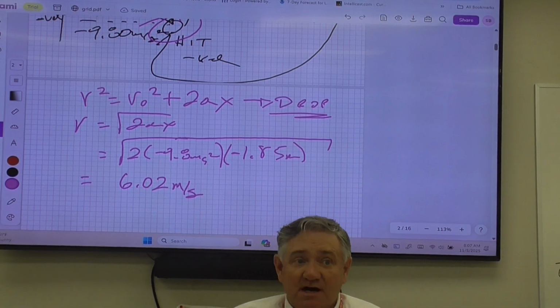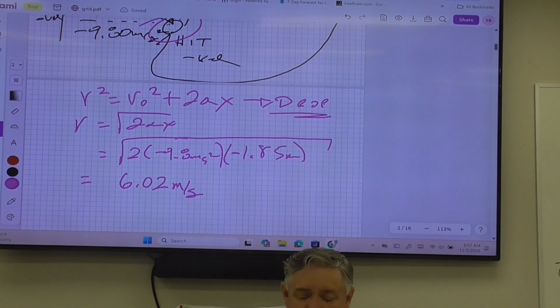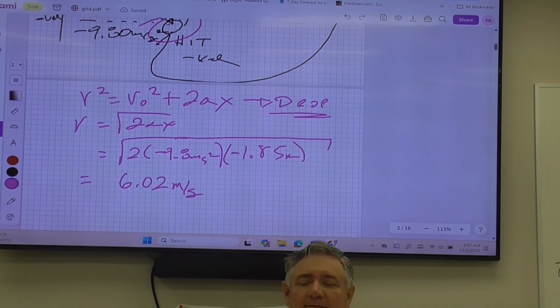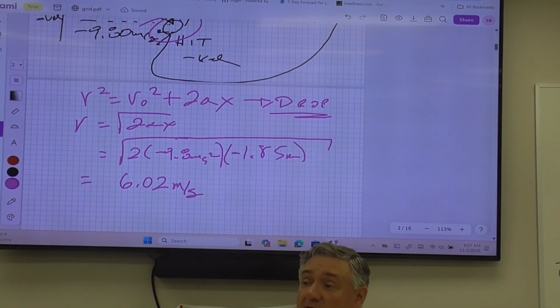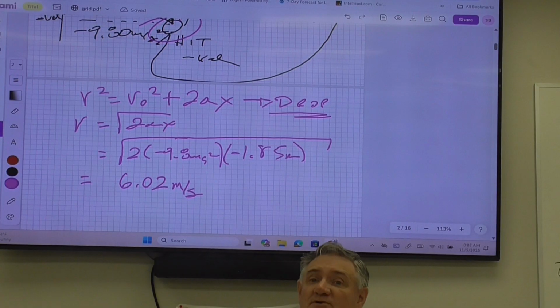Now, is that cool as my velocity? Sounds about right. Well, no, it's very bad. Why? Because you're dropping it. Which direction is it going when it hits the ground? Down. If you leave that as positive 6.02, you're going to tell me the ball is going to hit the ground going up. But what's the square root of 4? 2, or negative 2.